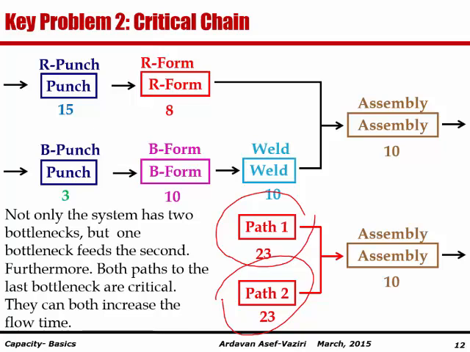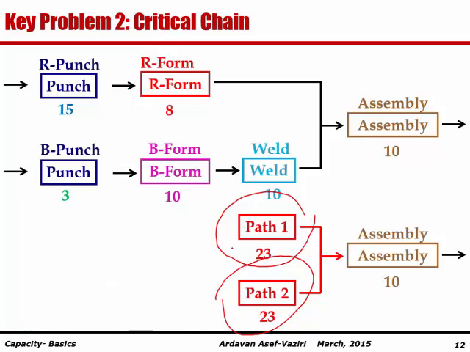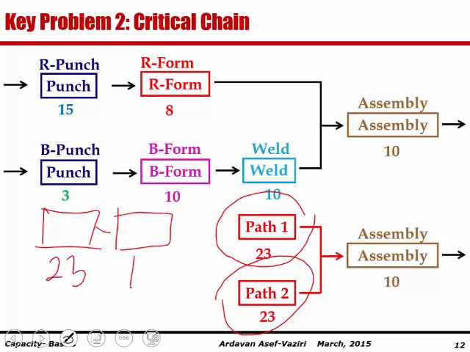A process like this, if this is 23 and this is 10, is likely on average to be completed in 33 minutes. But a process like this is very unlikely to be completed in 23 minutes.